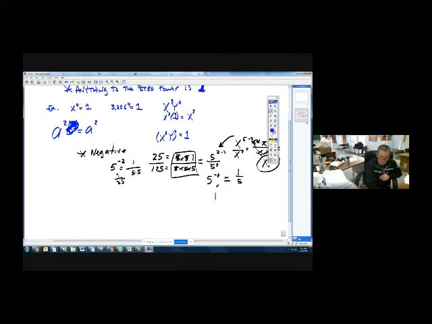And write this down in big letters. This is the simple rule for negative exponents. You want to make negative exponents positive.